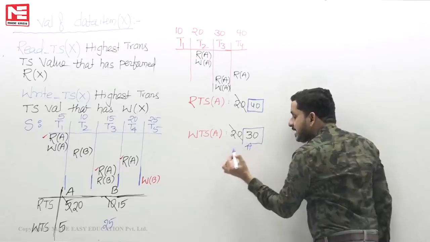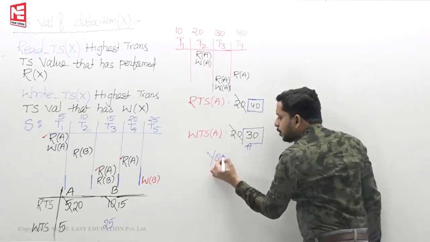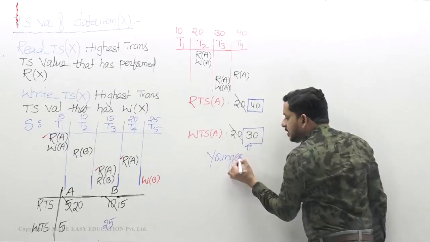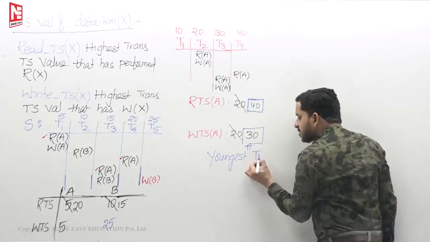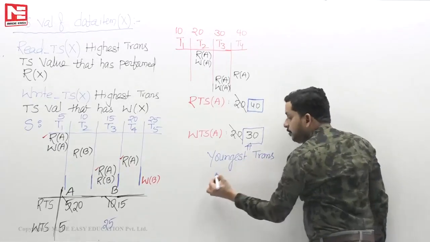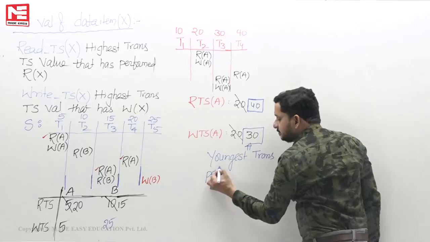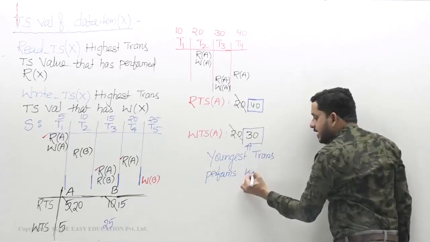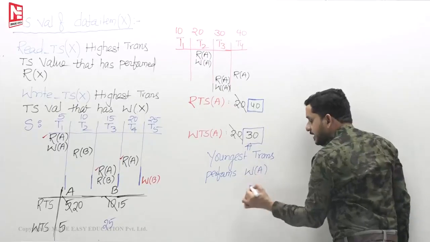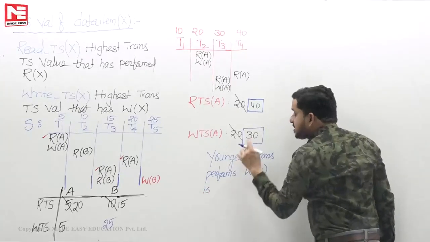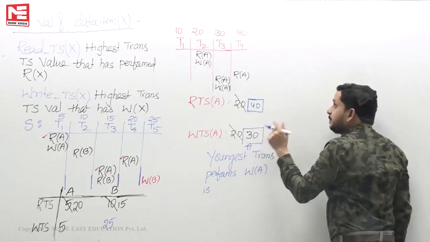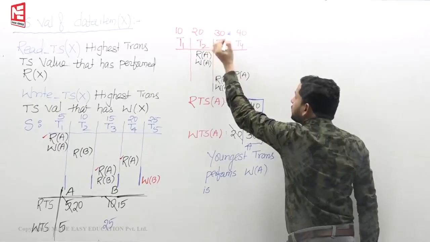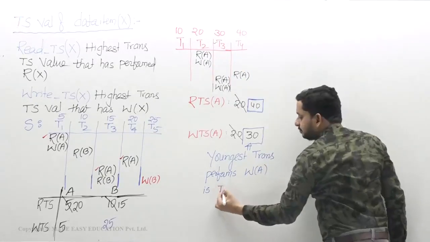It means the youngest transaction that performs the write of A is the transaction with timestamp value 30. The transaction with timestamp value 30 means T3.